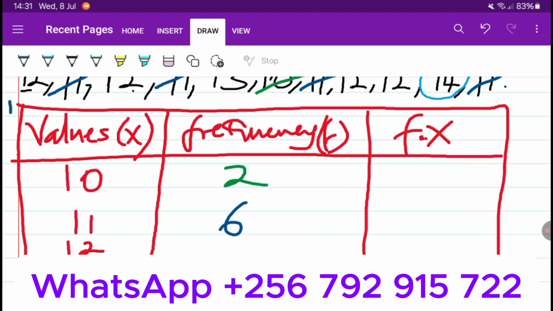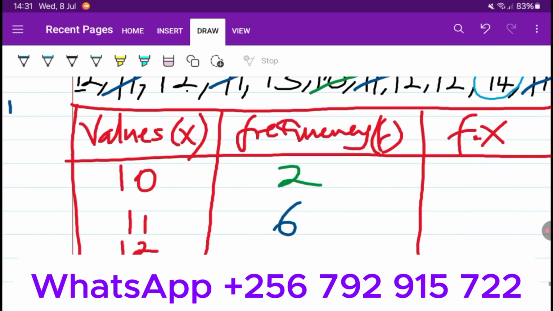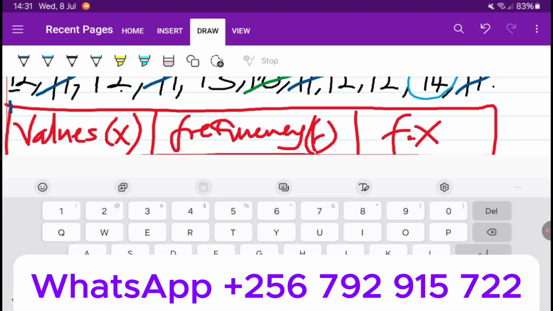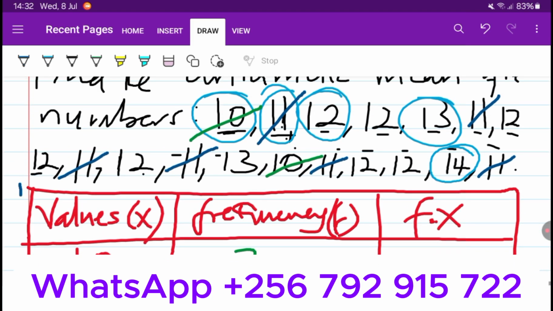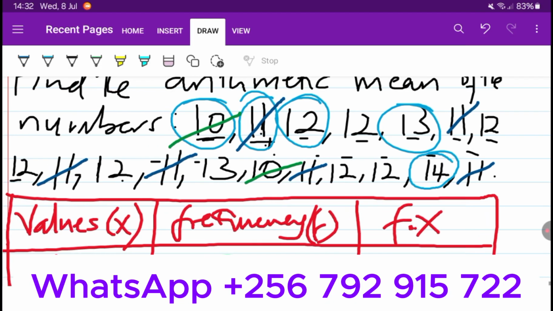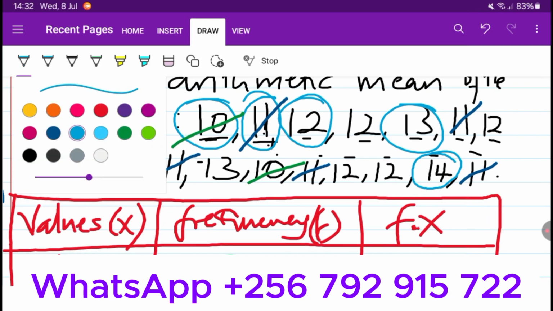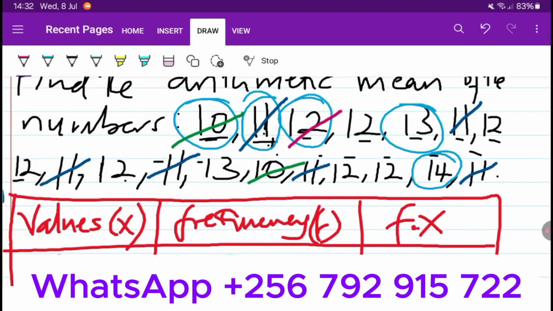I go to 12. How many times does it appear? Once you have gotten these values, you can just multiply, 10 times 2, and you get the fx. So we check now the 12. Selecting another color, this is 1, 2, 3, 4, 5, 6, 7.